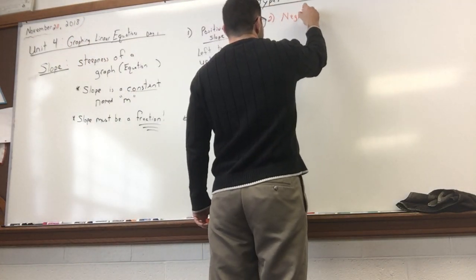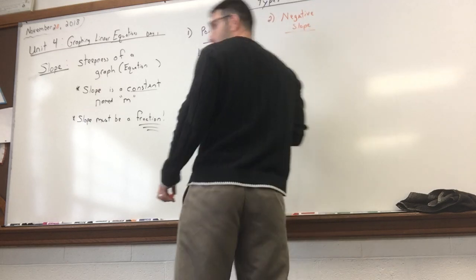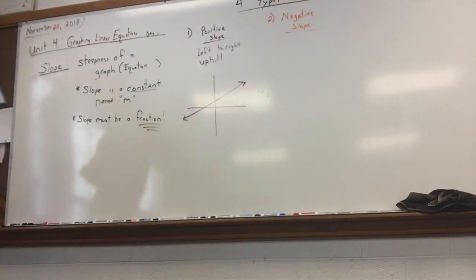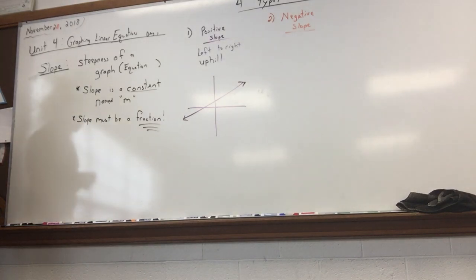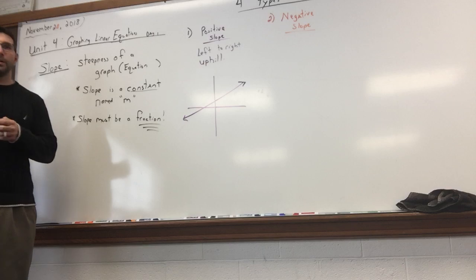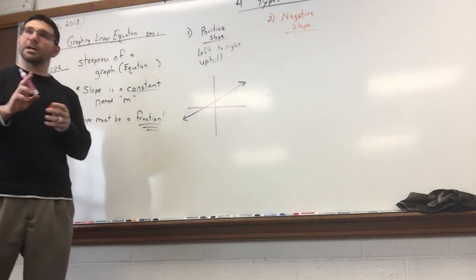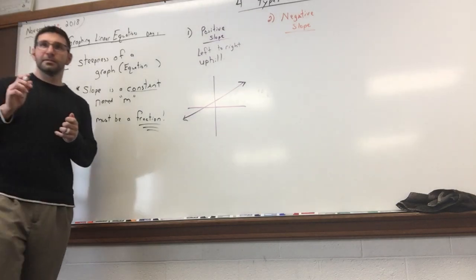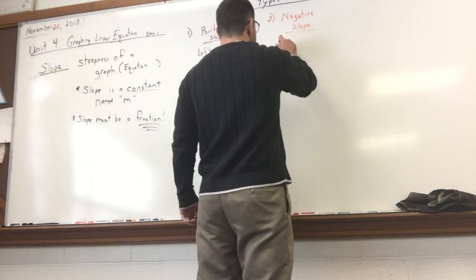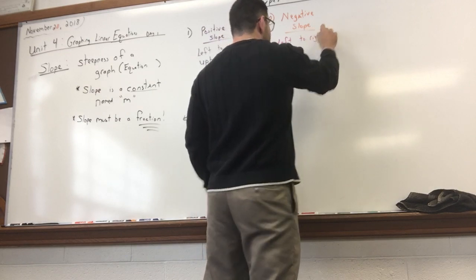Then we've got negative slope. What do we think is going to happen in negative slope? Well, I need more than one hand. Michaela. Not going to go right to left. Ellie? Very good. It's going to go left to right. And we always think about reading.